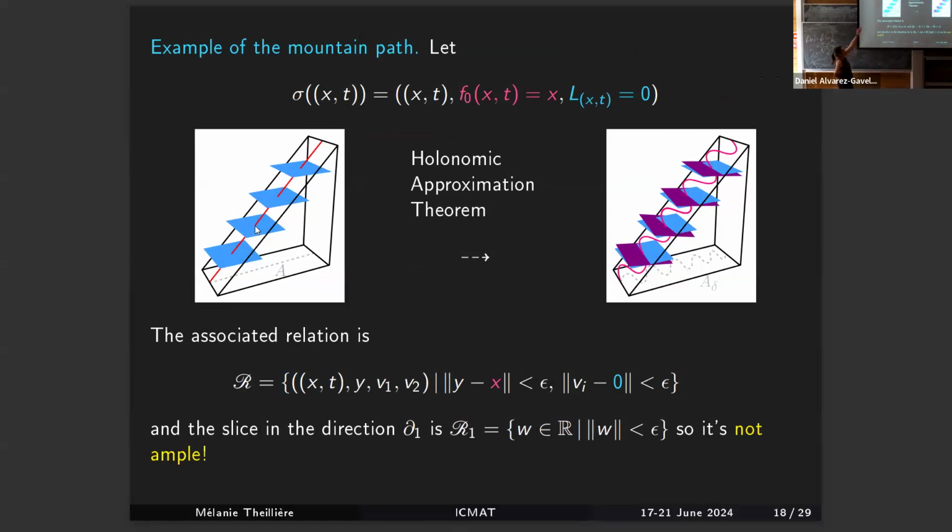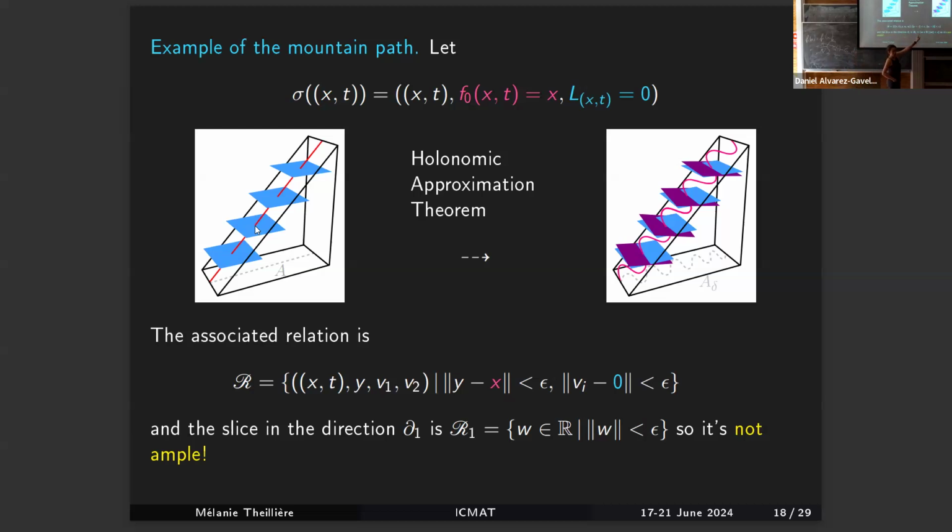So usually, when we want to present the idea, we take the example of the mountain path. We take a formal solution given by a function which goes up, and as constraint, we want the tangent planes to be horizontal.